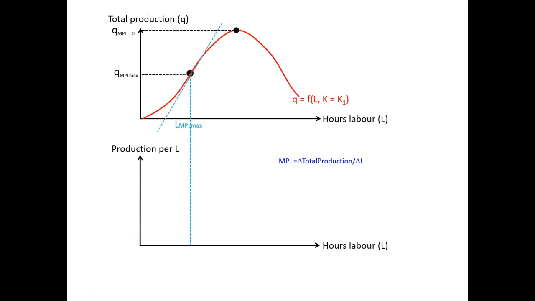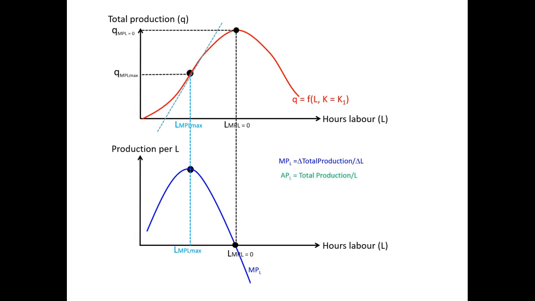Then we know that the marginal product will increase up to its maximum, and the maximum will be at L max, and then it has to decrease, and we know that it's going to have a value of 0 for this unit of labor. So therefore we can draw this graph schematically looking like this.